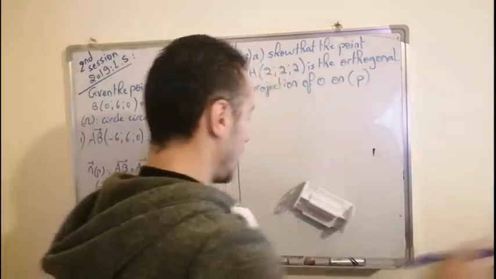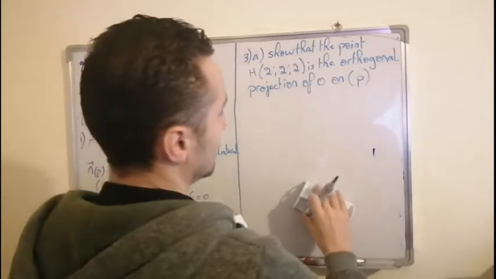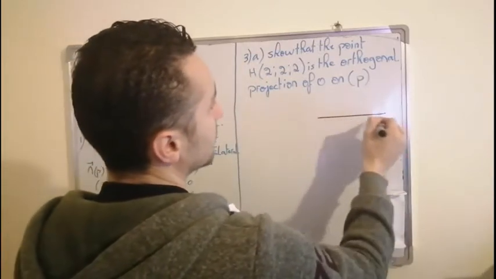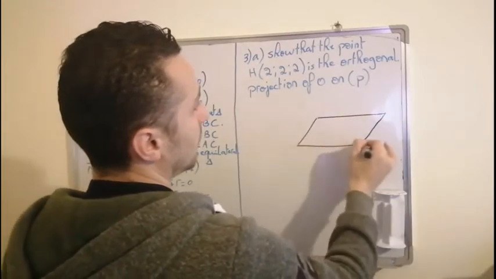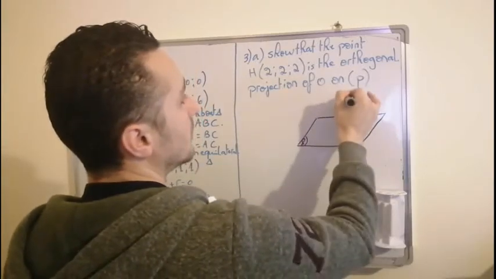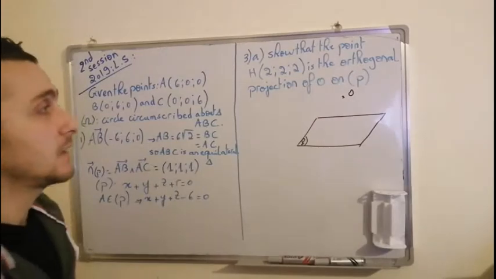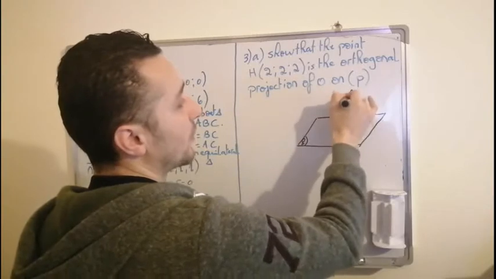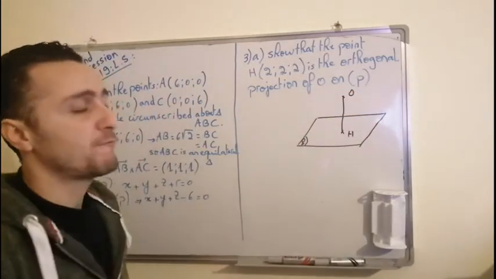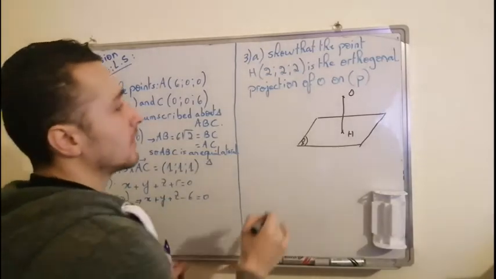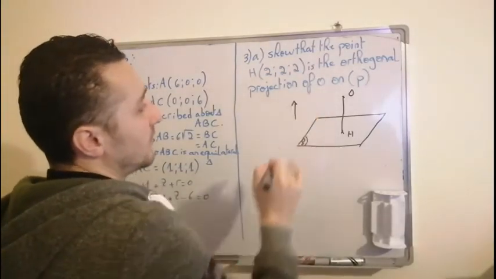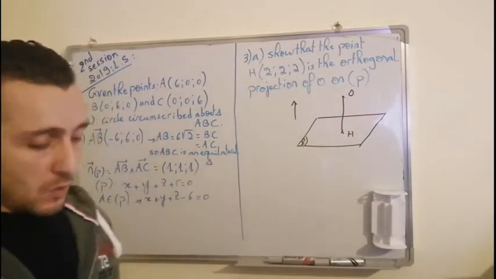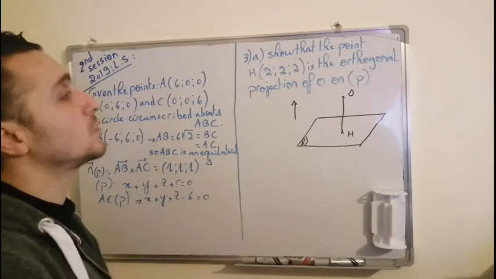We can draw a figure. We have a plane P, and we have a point O that doesn't belong to this plane. The question is, show that the point H is the orthogonal projection of O on the plane P. To prove that H represents the orthogonal projection of O on plane P, we have to prove two statements.